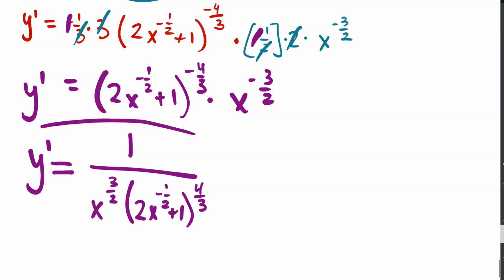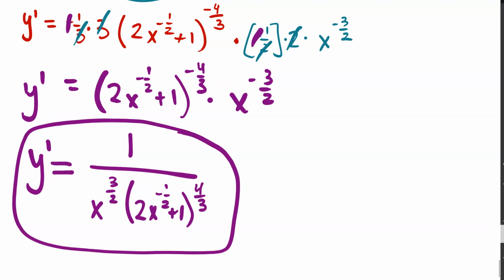Notice the negative of my exponents went away when I put it on the bottom of the fraction. If it's inside the parentheses, it would just be negative. I wanted the outside exponent to be positive.